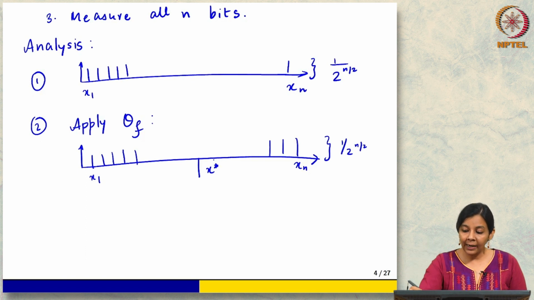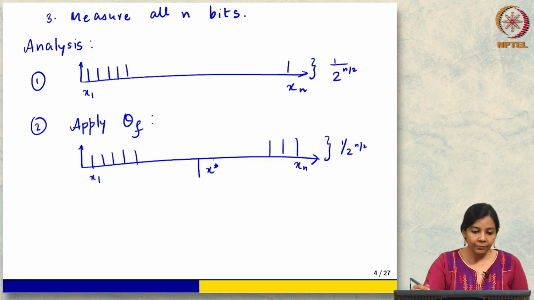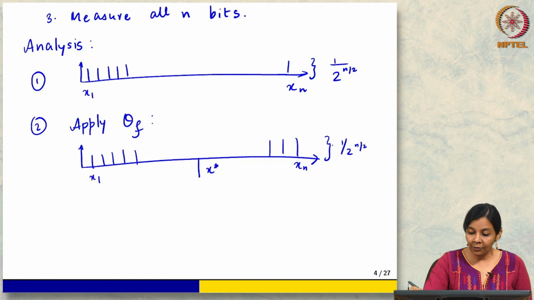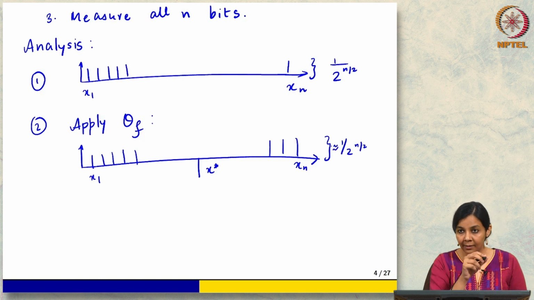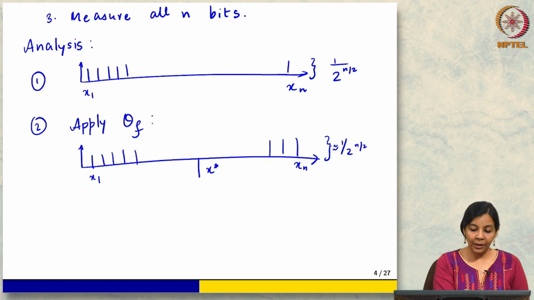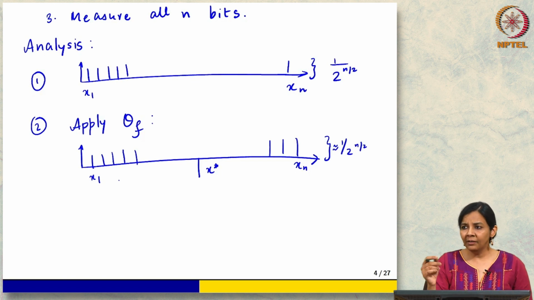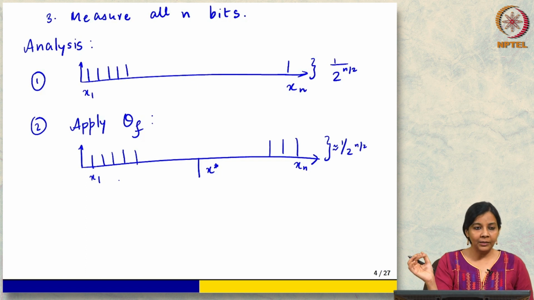Now, note that when I do this, there will be a little bit of reduction in the mean amplitude. Because I flipped one, the mean will come down a little bit, but it is only one point in an exponential number of points, so it is not very much.